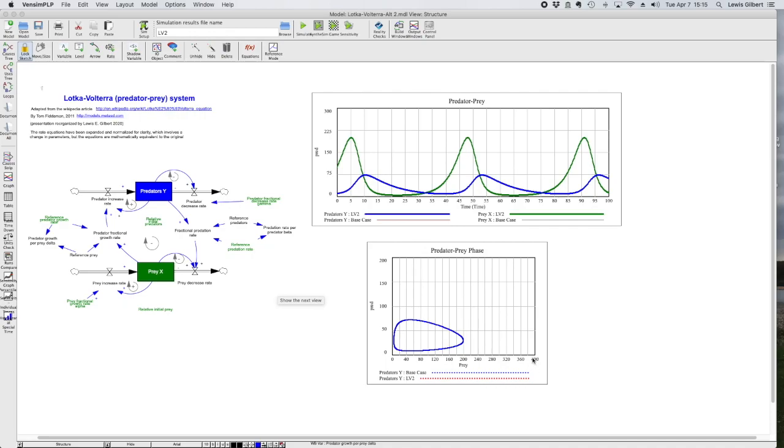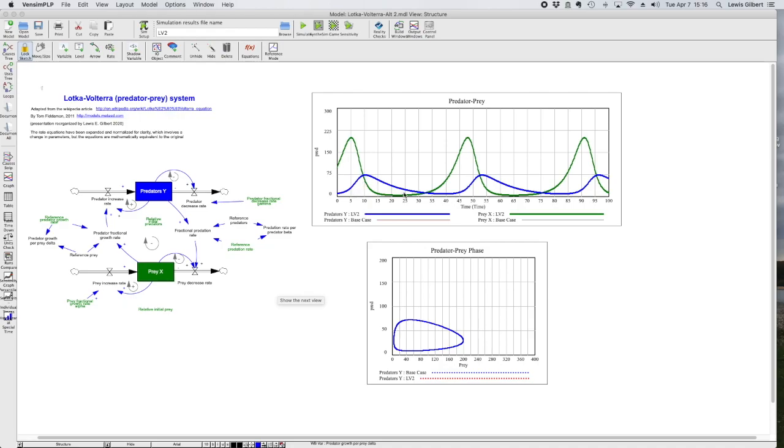So I'm expecting that there may be many more prey than predators as we go through some of our exercises ahead. This is plotted as dots. Each dot here represents one instant in time.